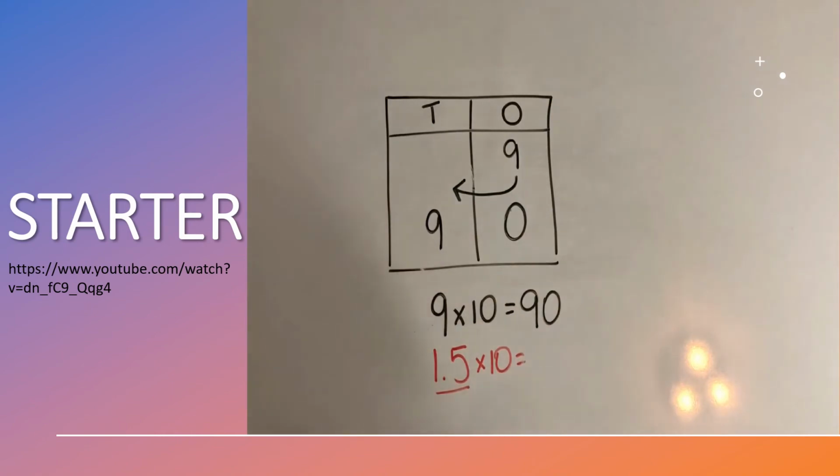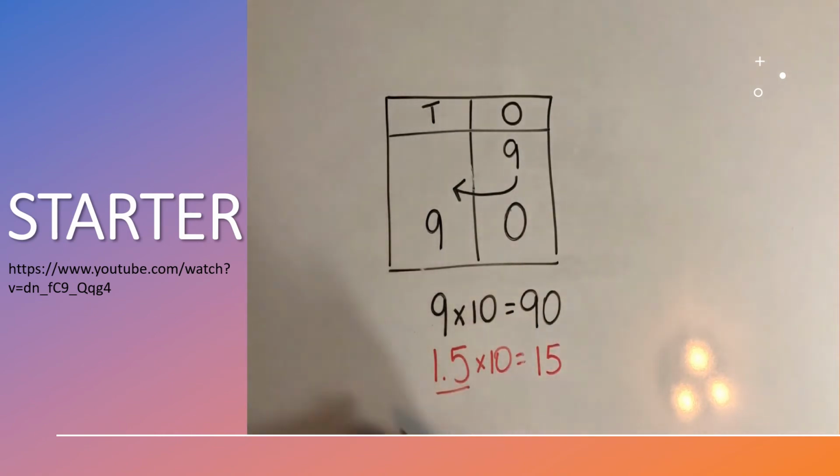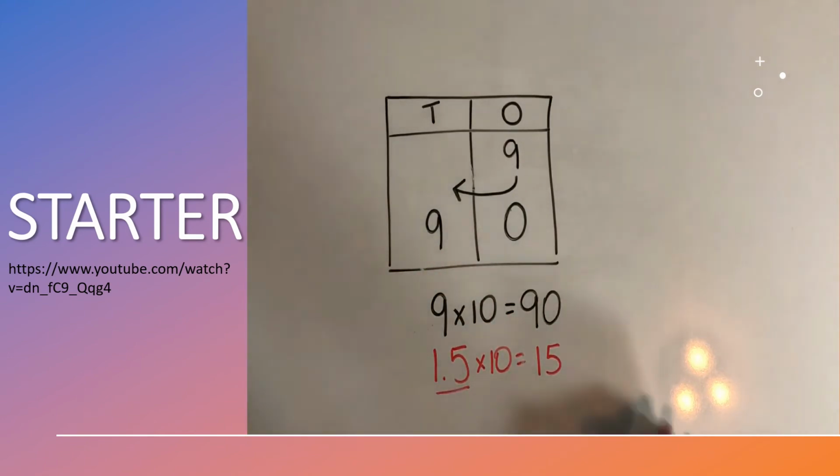So 1.5 actually becomes 15 because we're shifting that 5 over into the ones place and shifting the 1 to the tens place. So again, if you haven't learned decimals, don't worry about this, but I do just want you to understand why we want to think in terms of place value rather than a trick of just adding a 0.